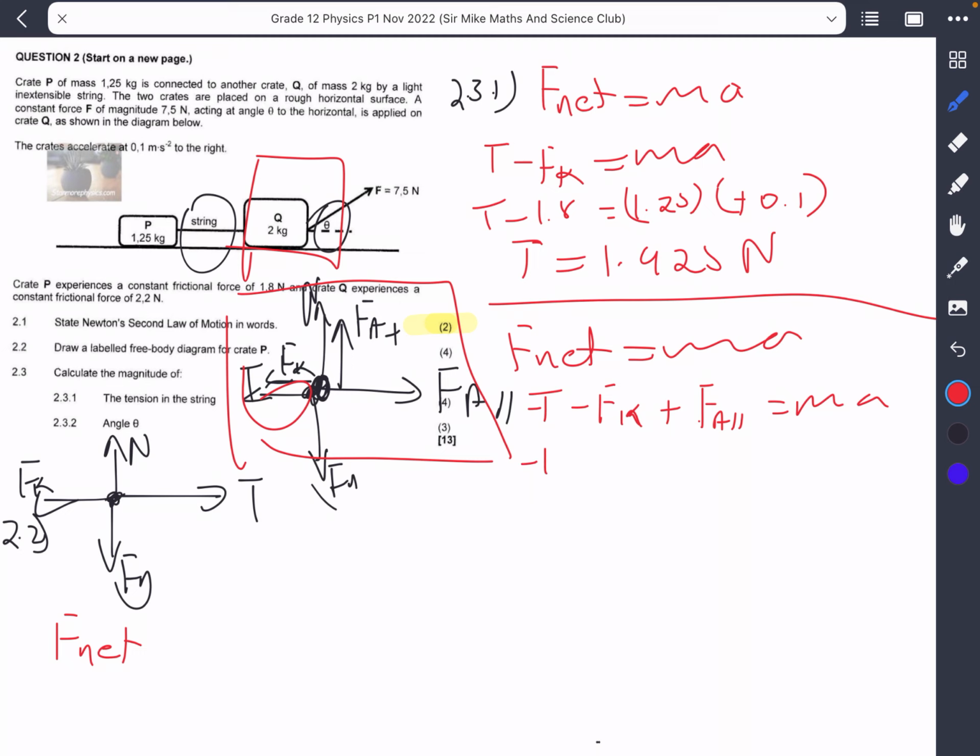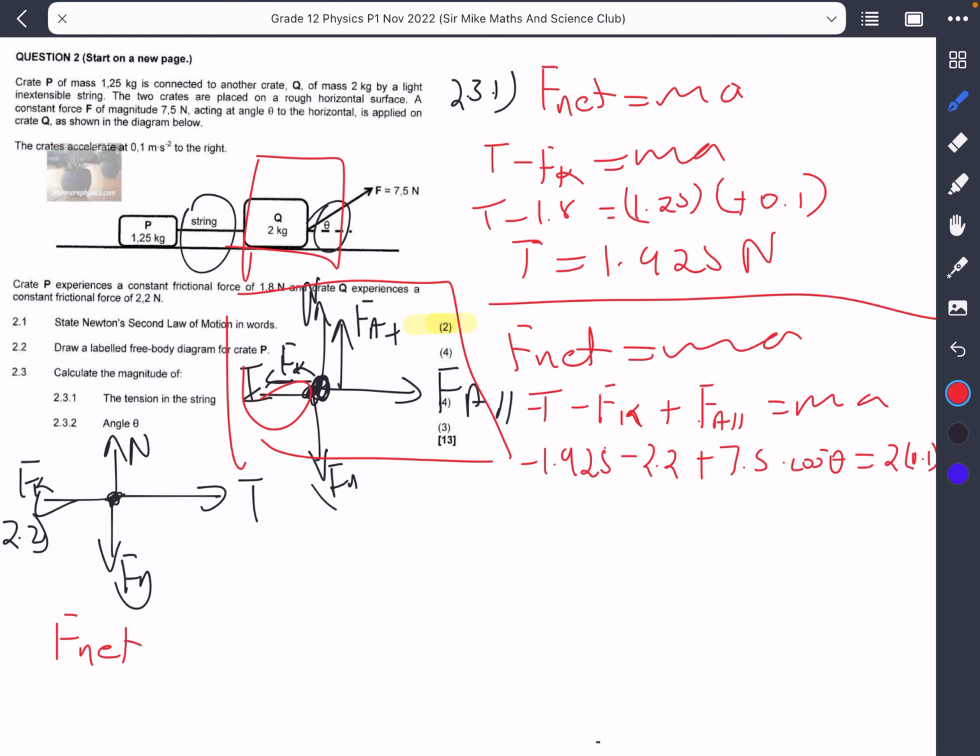So that's going to be 1.925, minus Fk, which is 2.2, plus force applied, which is 7.5 cos of theta. So that will be equals to 2 multiplied by 0.1. Sorry for squeezing that there.